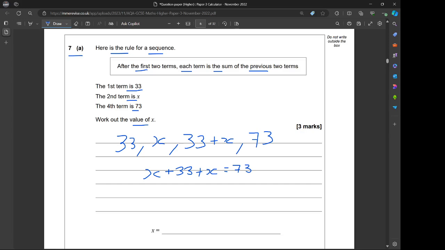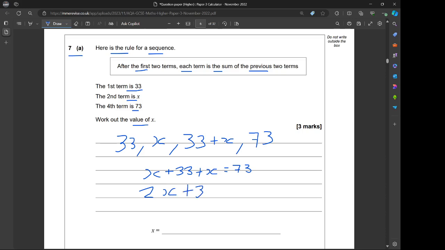It is actually higher tier. Does that make sense, guys? Okay, well done. Thank you, Gemma. Thank you, Trev. We're going to have 2x plus 33 is equal to 73.